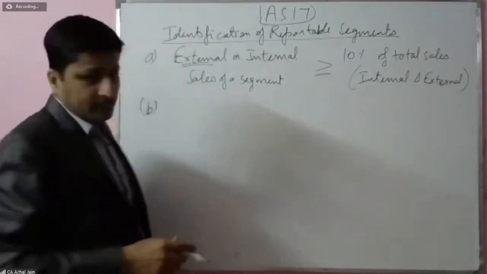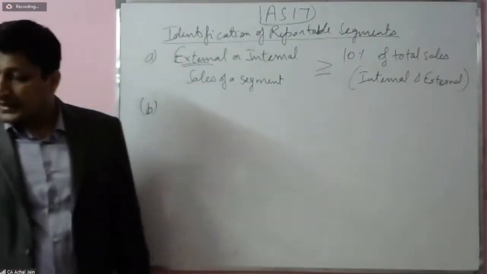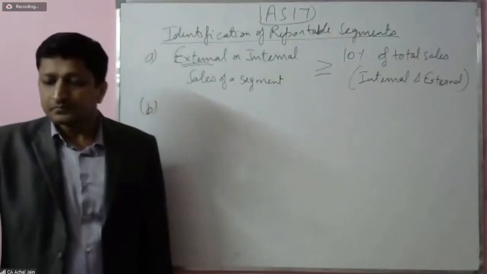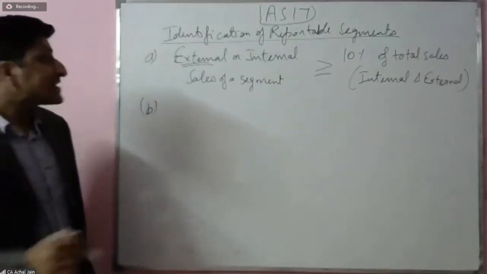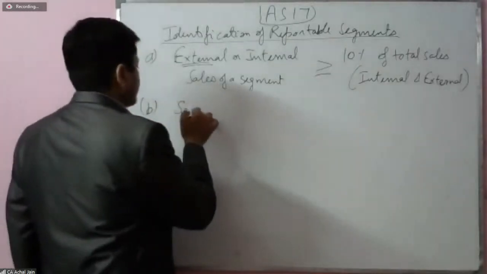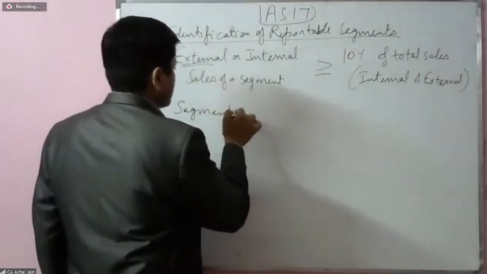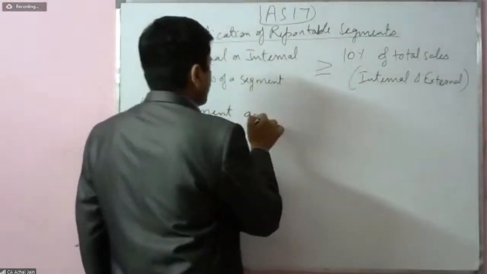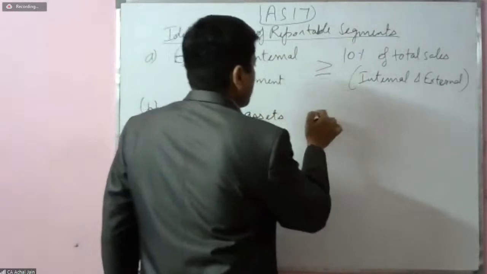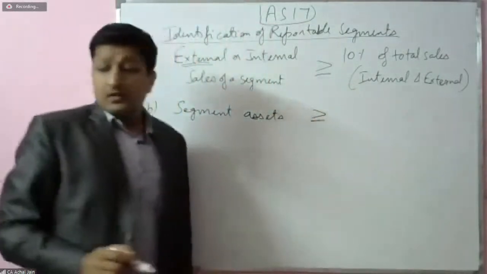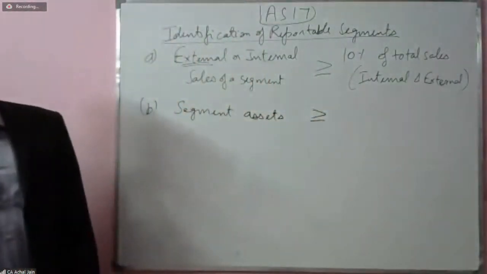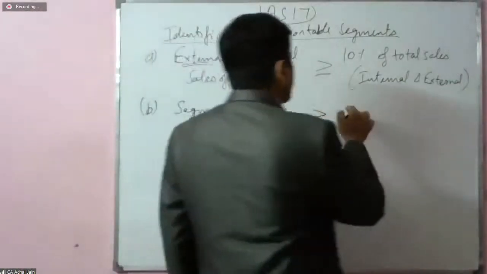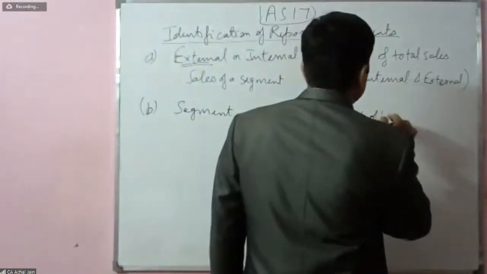Criteria number B. Segment assets are greater than or equal to 10% of total assets.